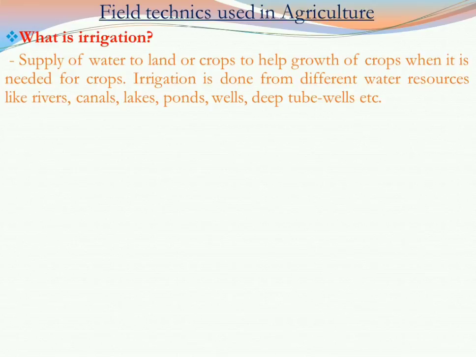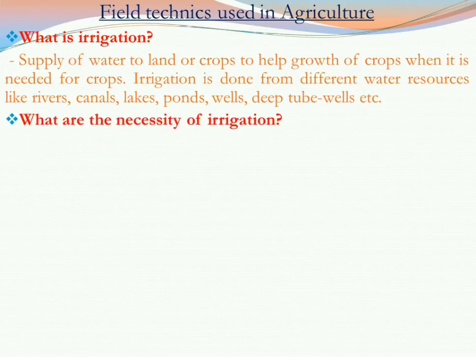Irrigation is done from different water resources like rivers, canals, lakes, ponds, wells, deep tube wells, etc. The resources should be very near and easier to supply water to the cropland. On the basis of that, the resource is selected.